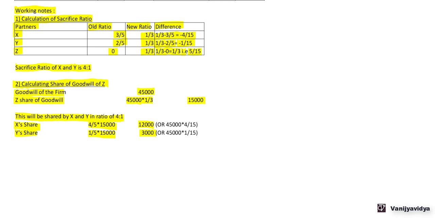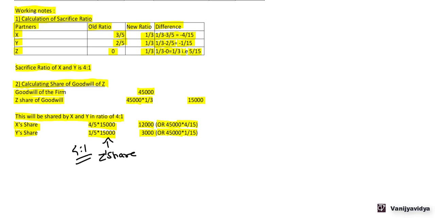Or there is one more method in calculating X share and Y share. Now here we have got minus 4 by 15 and minus 1 by 15. Now what we can do is we can take the entire goodwill of the firm into 4 by 15 for X. So we will get 12,000, or entire goodwill of the firm into 1 by 15 for Y, we will get 3,000. Now this is an alternative method. So now remember this, if we are using Z's share, then the ratio that we take is 4:1.